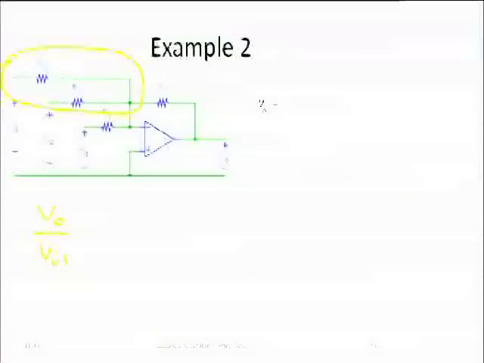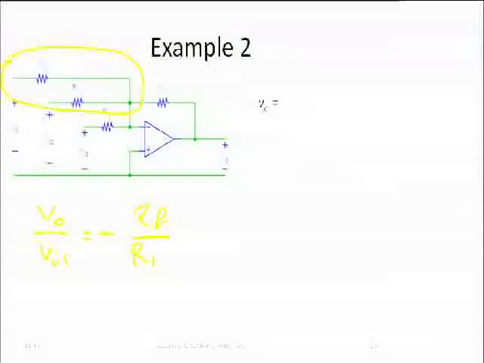So now if we remember the result, then the result was actually R1 over RF. And if we don't remember it, we can look it up, at least correctly, not like me, or we can calculate it again.